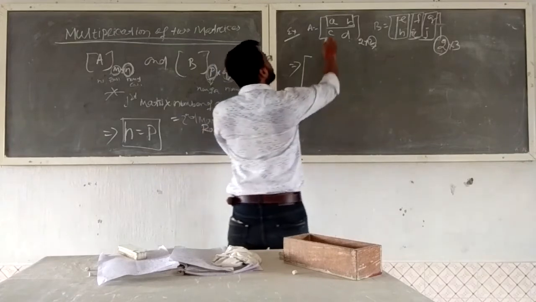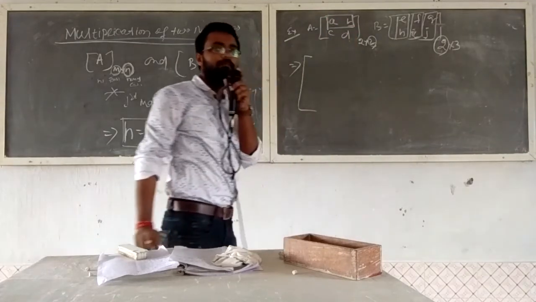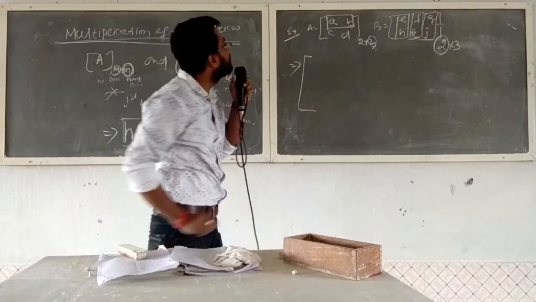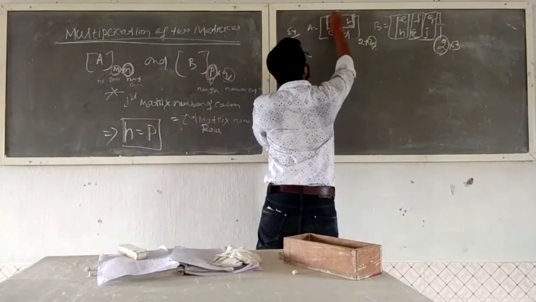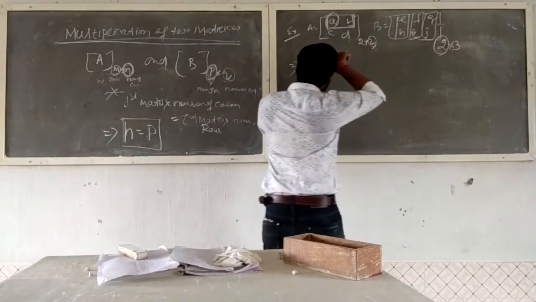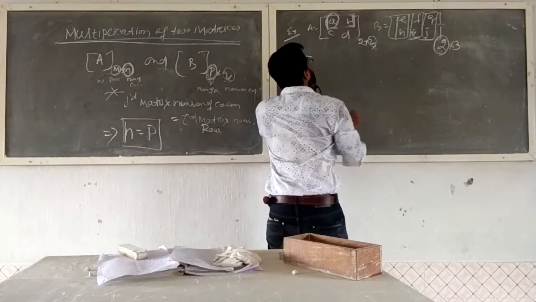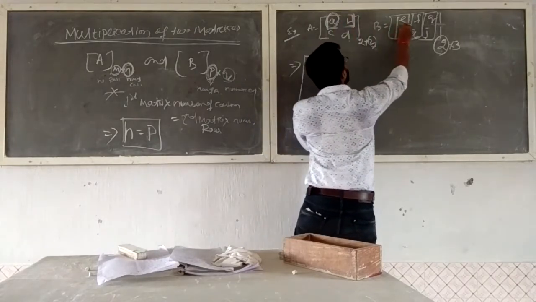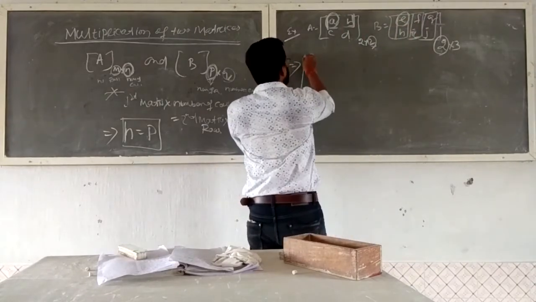That means the respective elements are multiplied with the respective elements, and then added. The first element is multiplied with the first column's element, and the corresponding elements are multiplied and added simply.